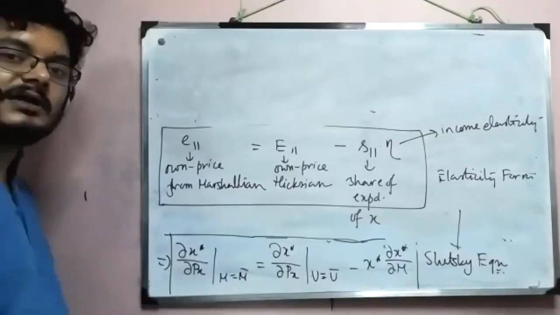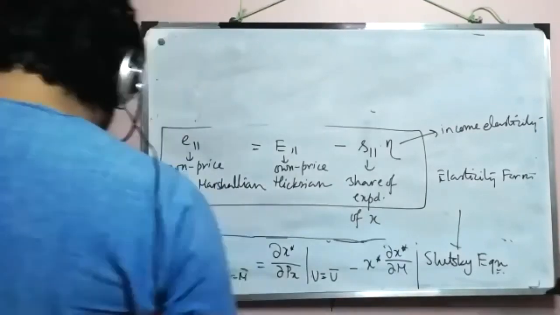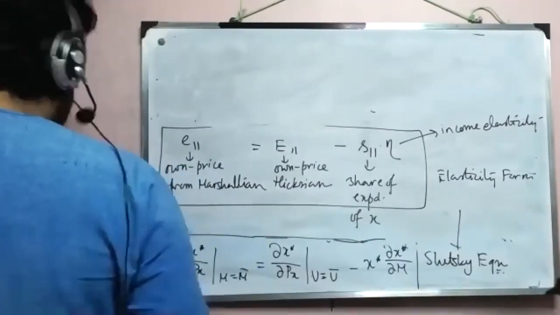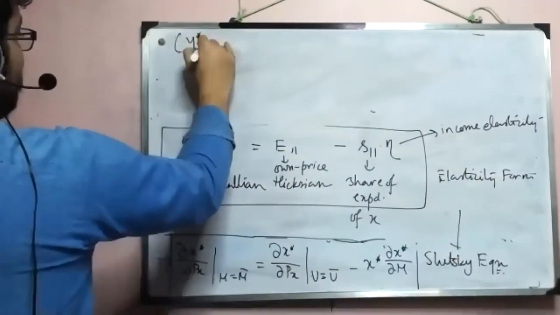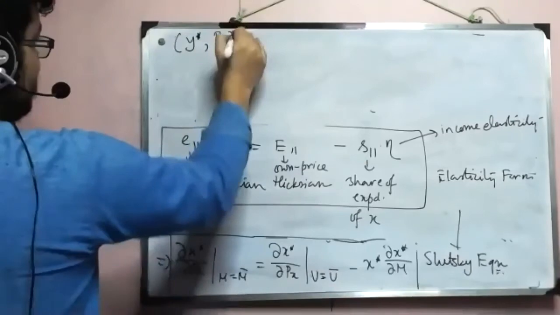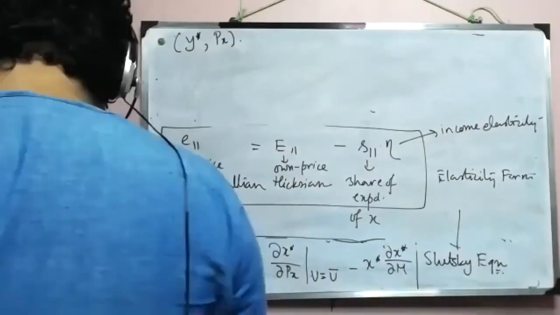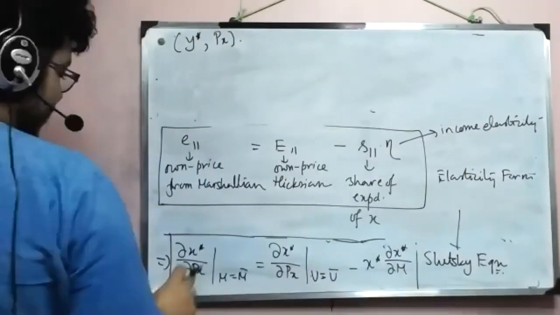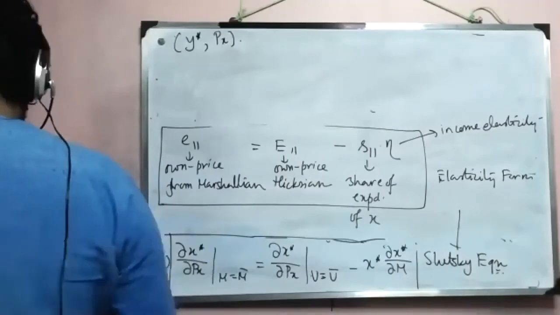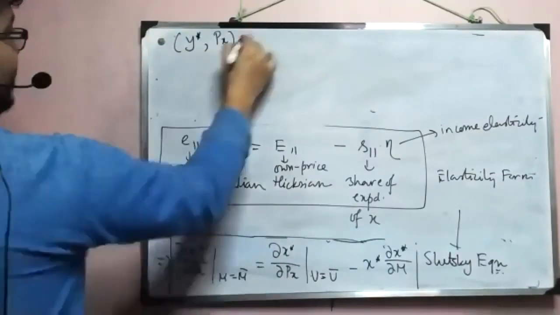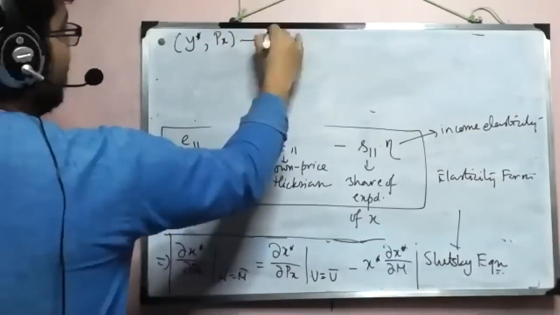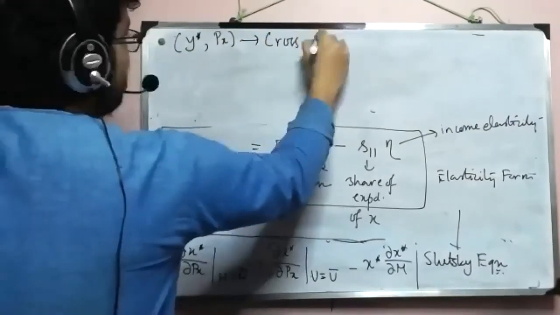So now what I'll be looking at is cross price Slutsky. So what are the good and price here? Y star is the good and Px is the price. So what will I do? I'll just replace X star by Y star, but not in all places.